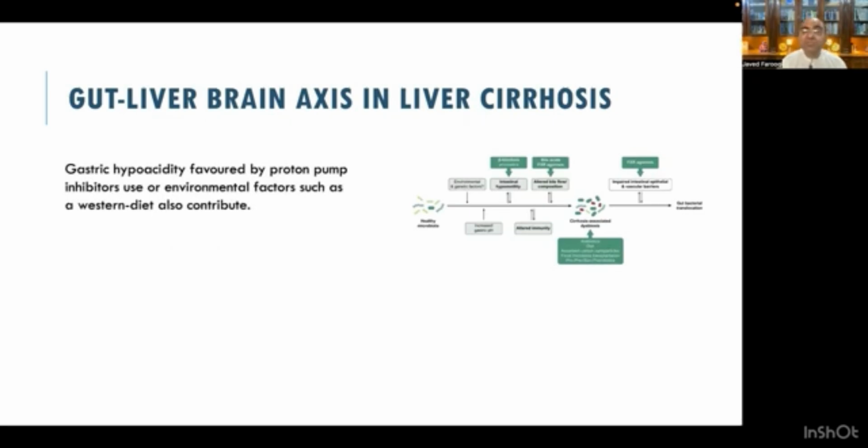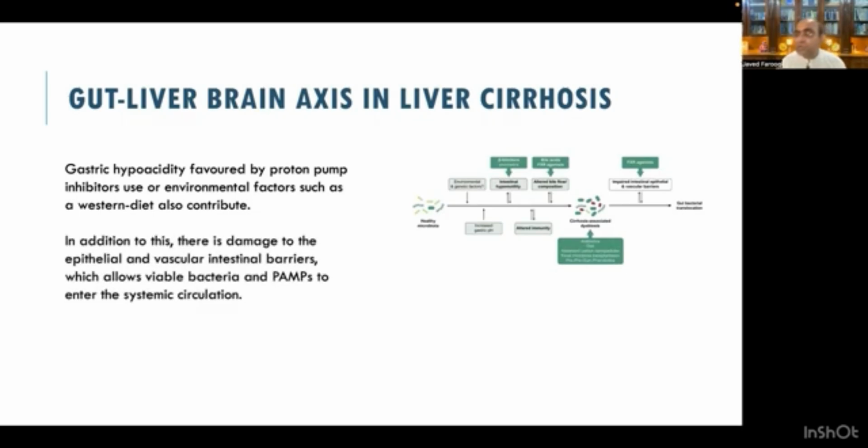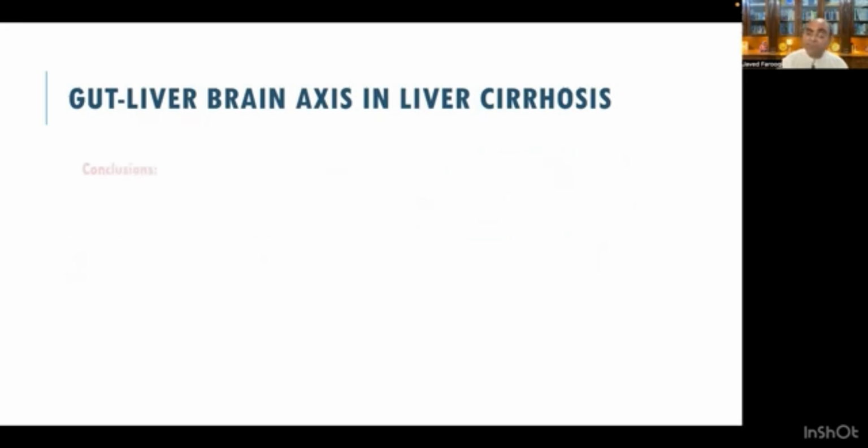Gastric hypoacidity, favored by proton pump inhibitor use, or environmental factors such as a Western diet also contribute. So these are the additional contributing factors. In addition to this, there is damage to the epithelial and vascular intestinal barriers, which allows viable bacteria and pathogen-associated molecular patterns to enter the systemic circulation and result in bad consequences.